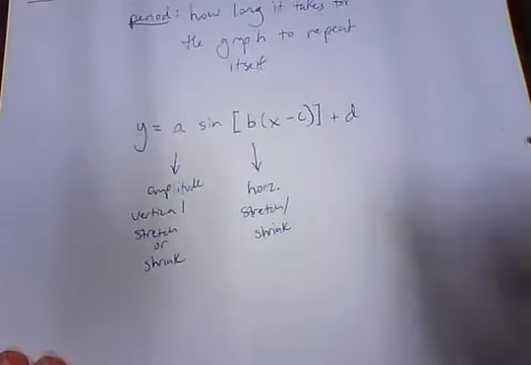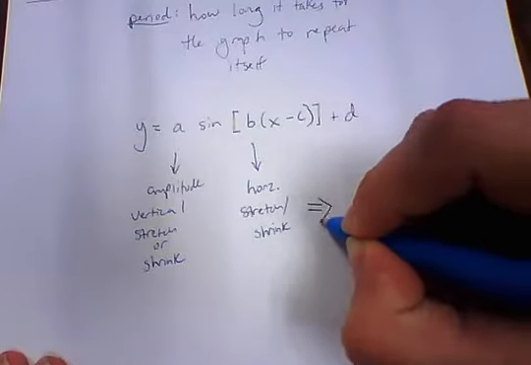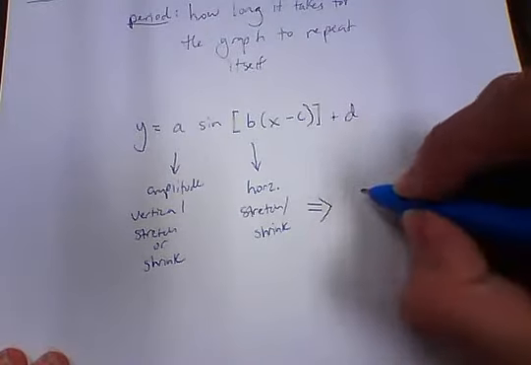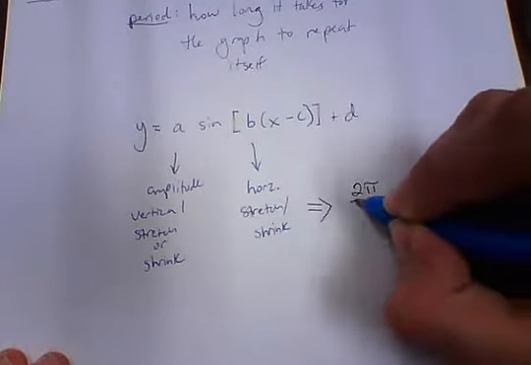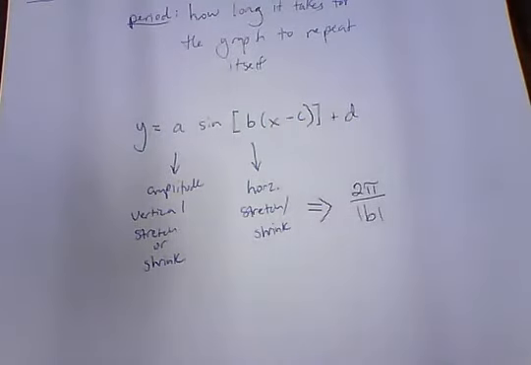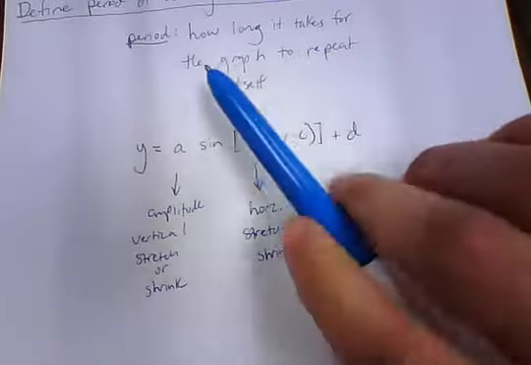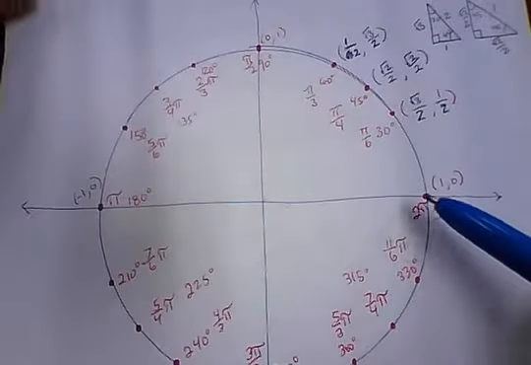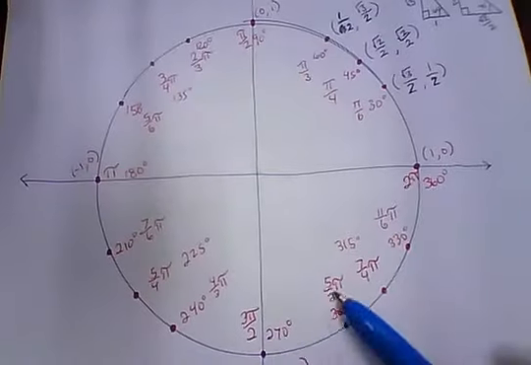But here's the thing, your period value actually comes from this ratio. Your period value actually comes from 2 pi over the absolute value of this b. And here's why. Remember when I showed you on the unit circle that a period is how long it takes for a graph to repeat itself, and it takes sine a whole rotation of the circle to repeat itself.